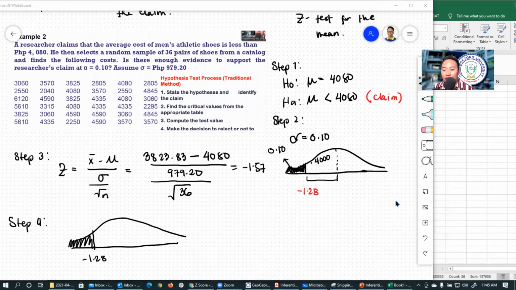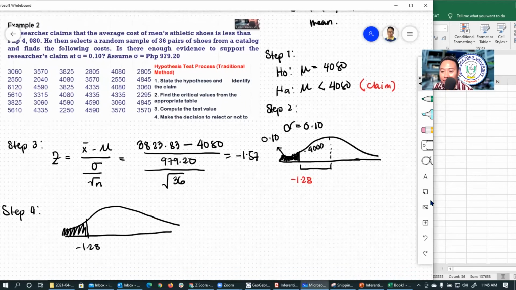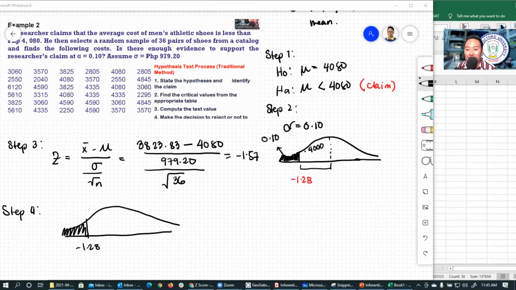Yes, Angela. Getting the mean, either sample or population, are just the same. Where does negative 1.57 belong? Rejection area or acceptance area?